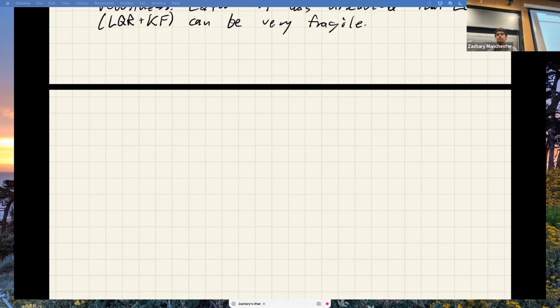Basically the model errors are messing up your state estimate. And then that's what you're doing feedback on, and your feedback gains are also messed up a little bit. It turns out that when you're doing the full loop with the state estimator, you can end up having a very fragile thing that goes unstable very quickly.